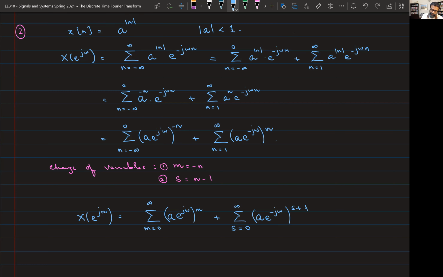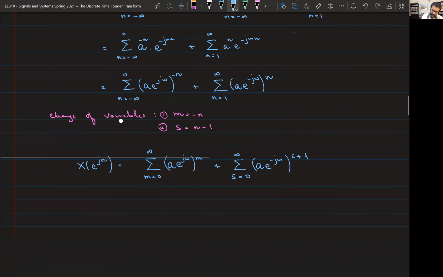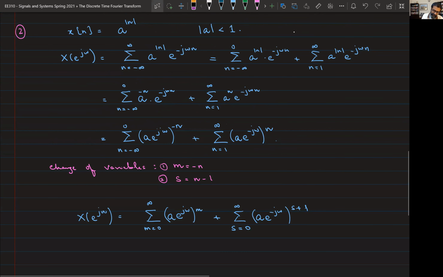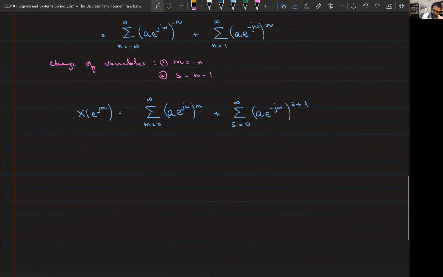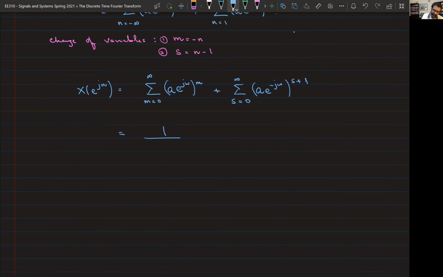And now things are going to become easy. So this becomes equal to 1 upon 1 minus a e raised to power j omega, plus a times e raised to power minus j omega times 1 upon 1 minus a e raised to power minus j omega.